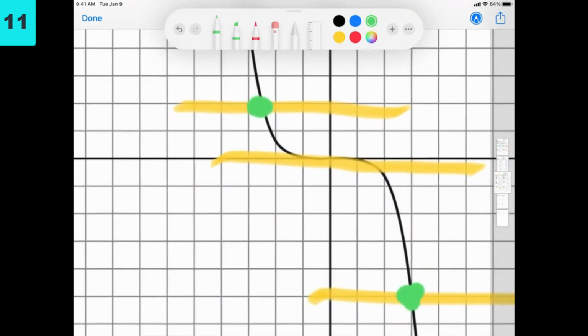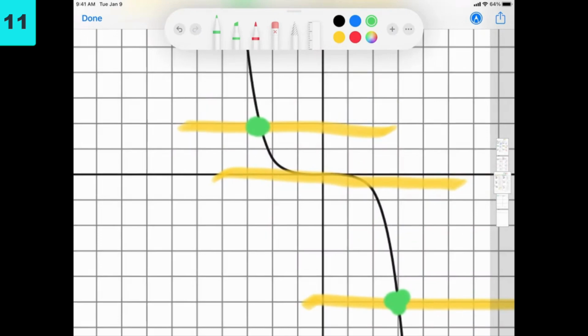Okay, on this one, it looks like the yellow is on top of the black, and the reason why it actually passes is because of this point right here.